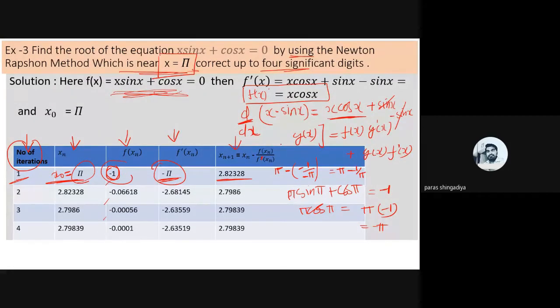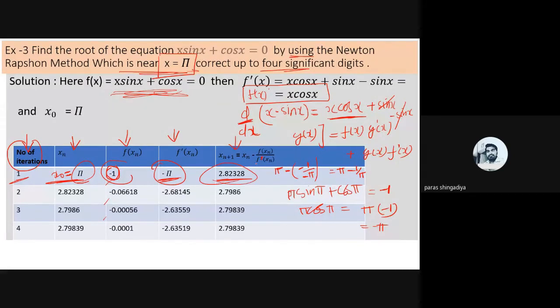So that will be pi minus 1 upon pi. Write pi minus, then open a bracket, write 1 divided by pi. So you will get 2.82328.